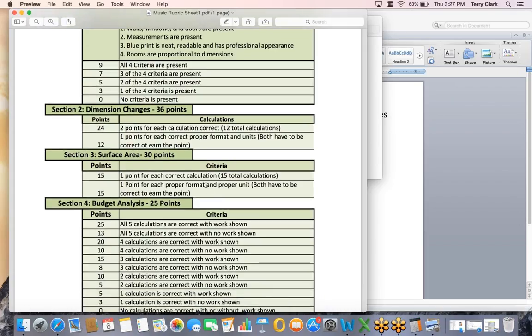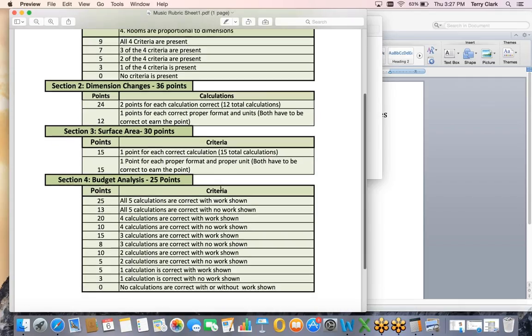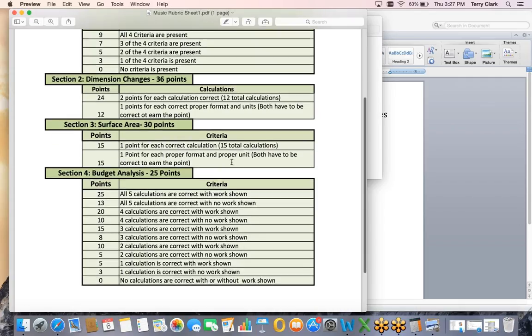And then the next one says 1 point for each correct calculation, and 1 point. Well, for those, I take that back. All you got to do is just show your calculations and the formatting, which is the proper unit, meters, square meters, that kind of thing.